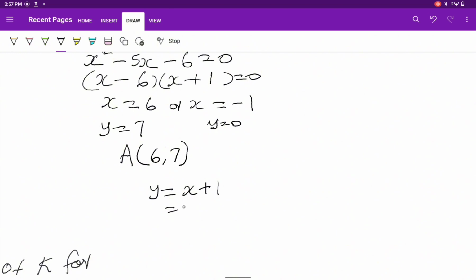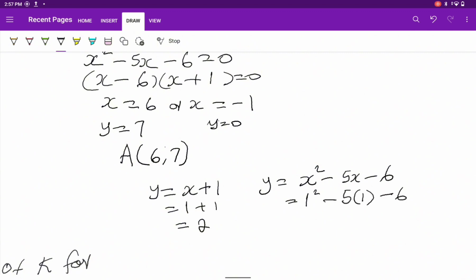So we put 1, so we have 1 plus 1, which is 2. And on the parabola, it's y equals x squared minus 5x minus 6. So we put 1 there, and it's 1 minus 5 times 1 minus 6. This is actually giving us negative 10.